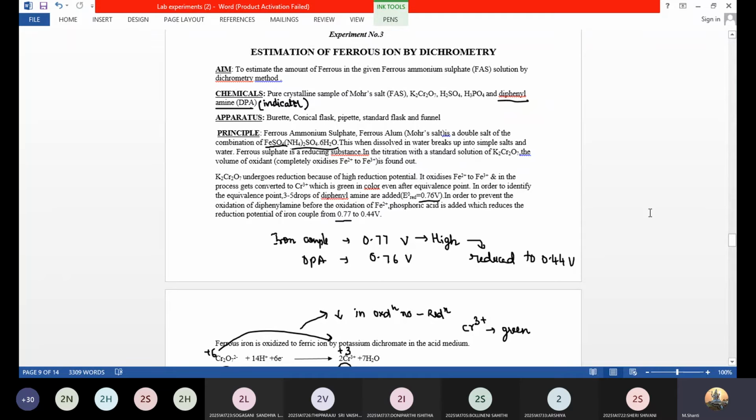Now what will happen? Which one will get oxidized first? DPA, ma'am. Yeah, DPA. When DPA gets oxidized, you can get the end point, because DPA in its oxidized form only is showing the color change at the end point.